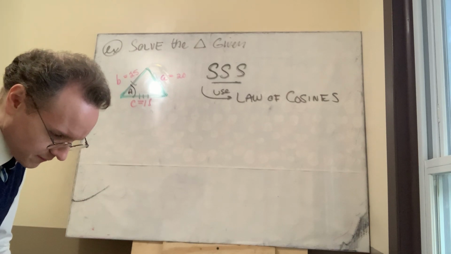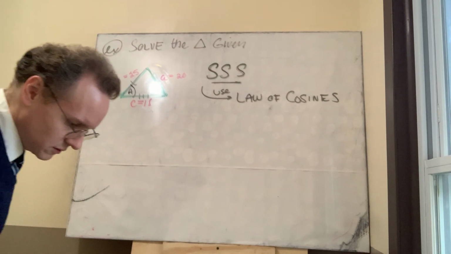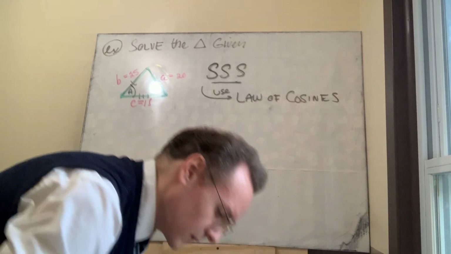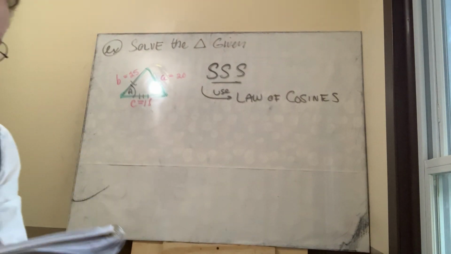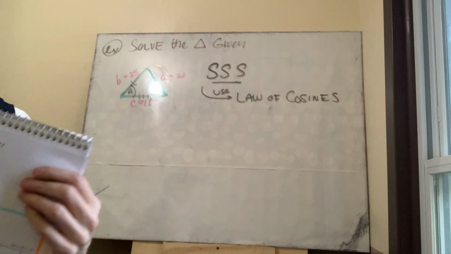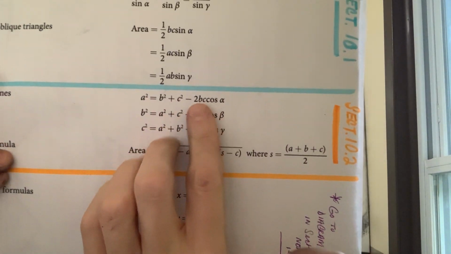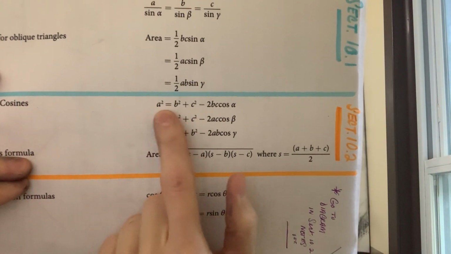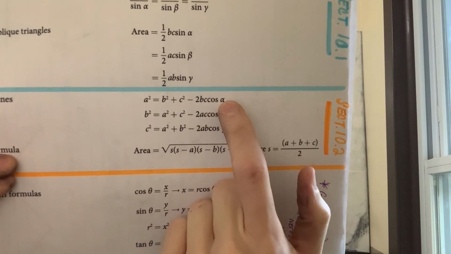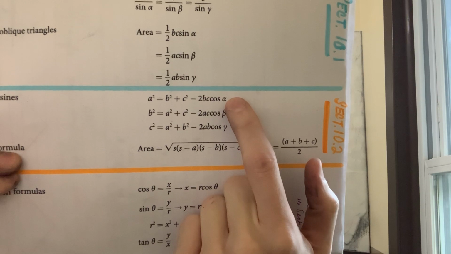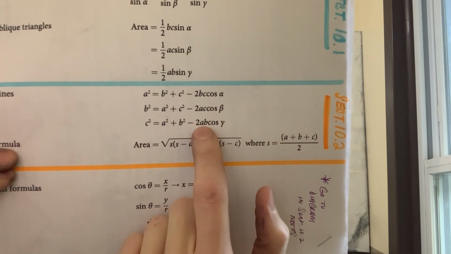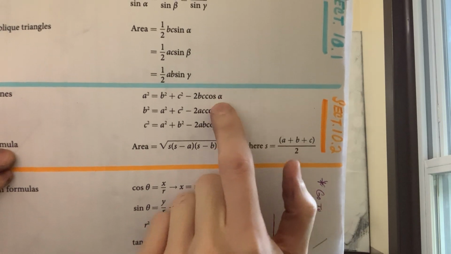Then the appropriate version of this, and I'll point at it on the photocopy rather than draw it again, is the one that has alpha in it. So if you look at the three laws of cosines, they're derivatives. Pay attention to the argument of each of these trig functions: cosine of alpha, cosine of beta, cosine of gamma in this case.